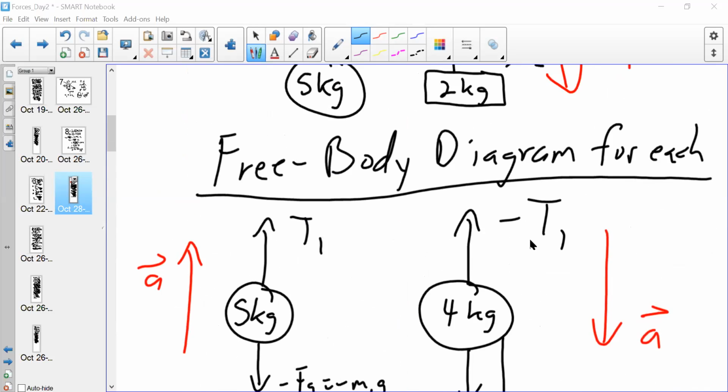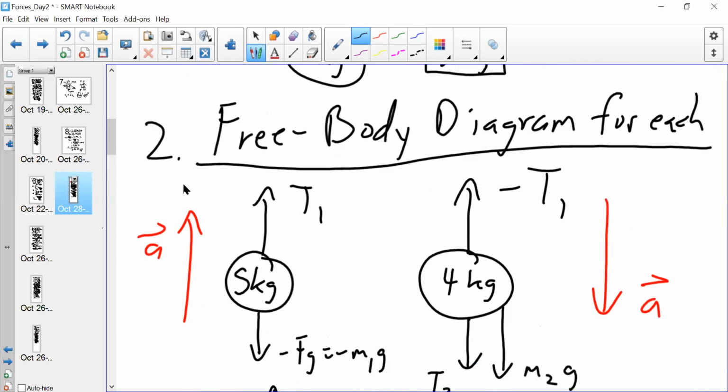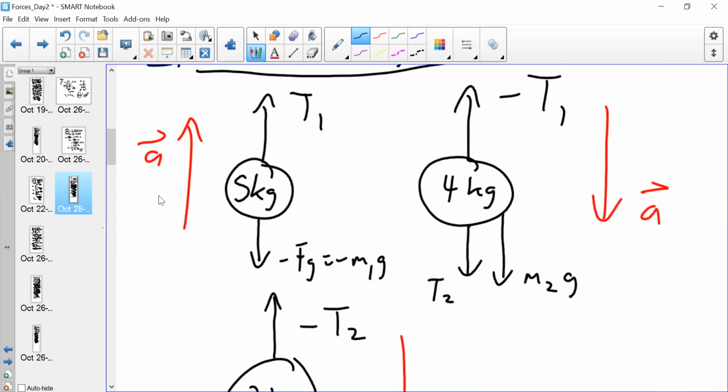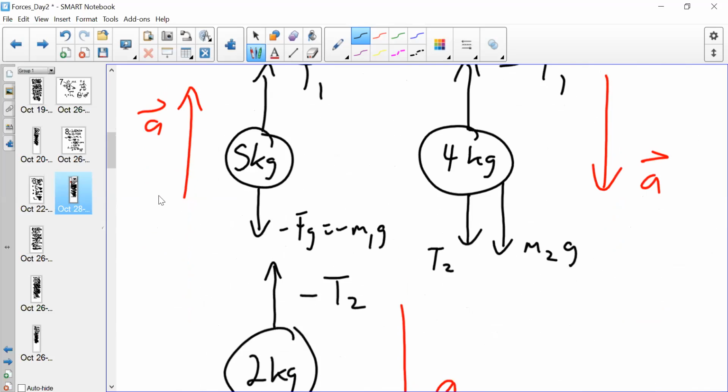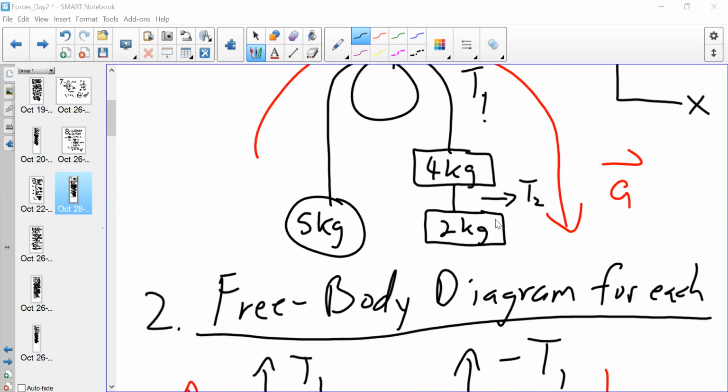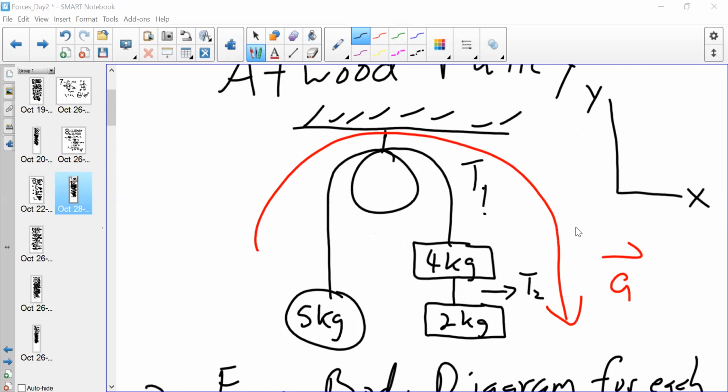I wanted to have it all in one part there. Step 1 is just the perspective, just making sure that you understand how the system is moving.